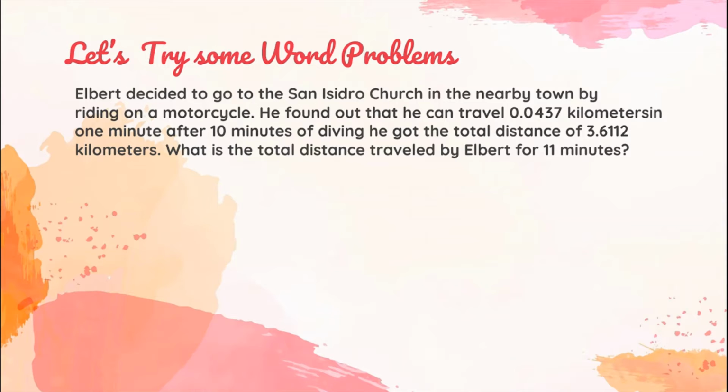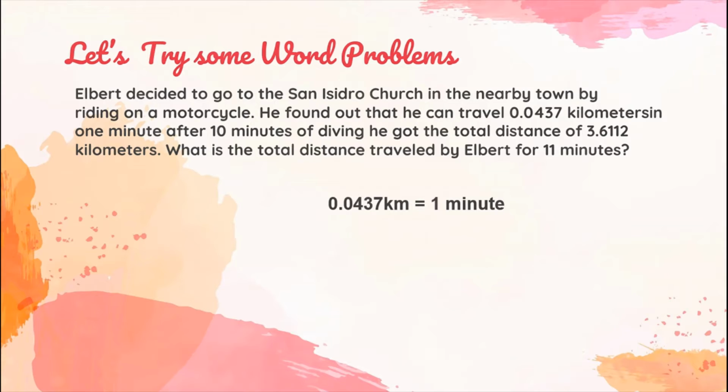In this problem, we know that he can travel 0.0437 kilometer in 1 minute. So as of now, Albert has already traveled 3.6112 kilometers. That is already 10 minutes of driving.